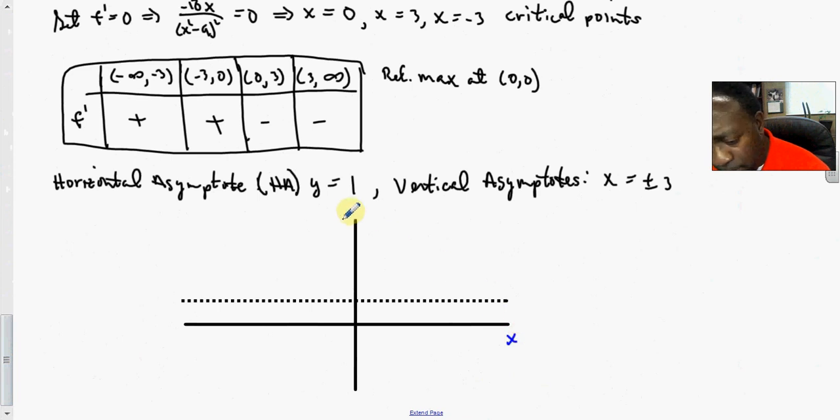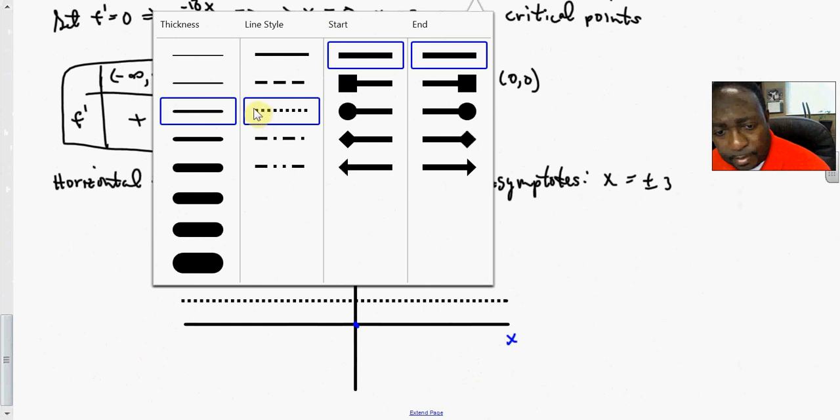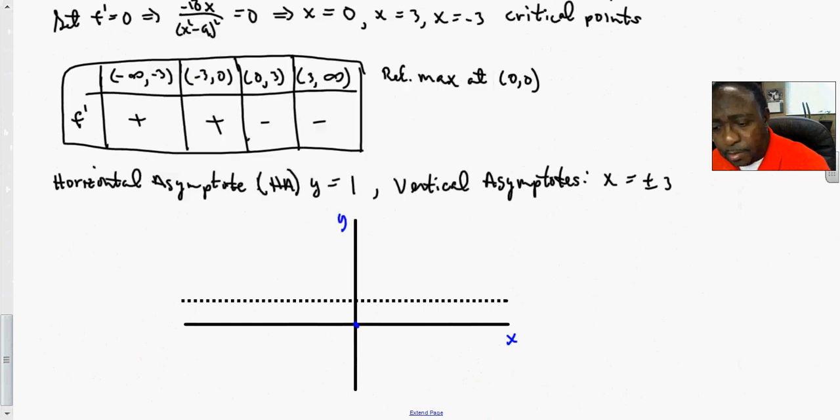It's the x-axis, the y-axis. Remember, at the origin, we have a maximum. Oh, we get the vertical asymptotes. I forgot those guys. We do dot, dot, dot with those as well. So it's plus or minus 3.